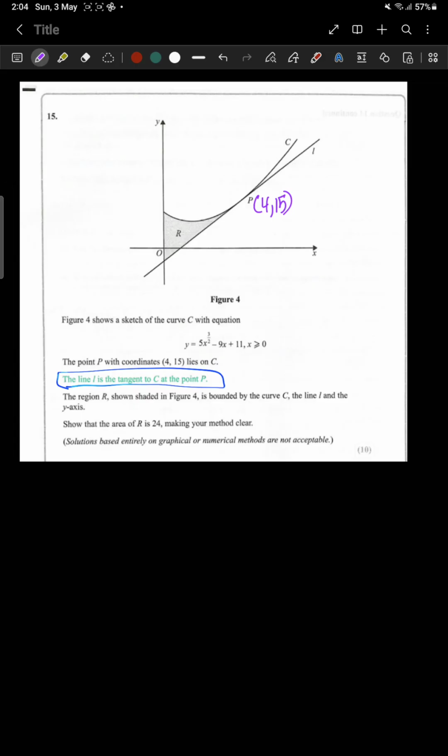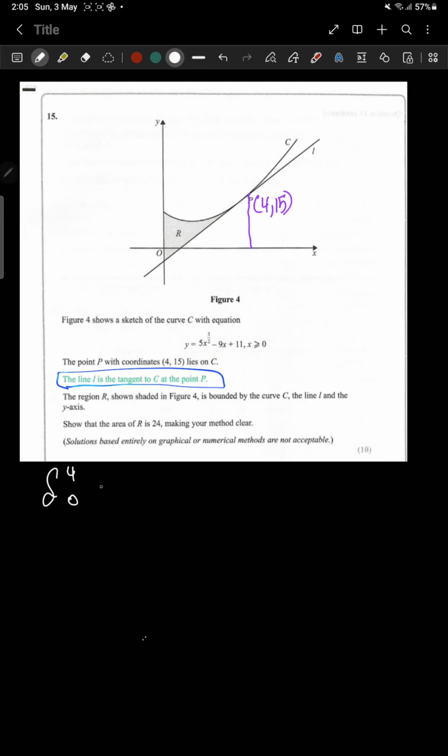Let's find the area under the curve by defining our limits. The upper limit is going to be 4, which is the x coordinate, and the lower limit is going to be 0.